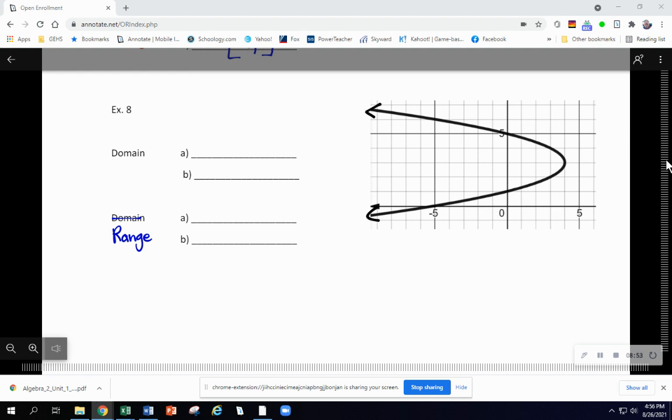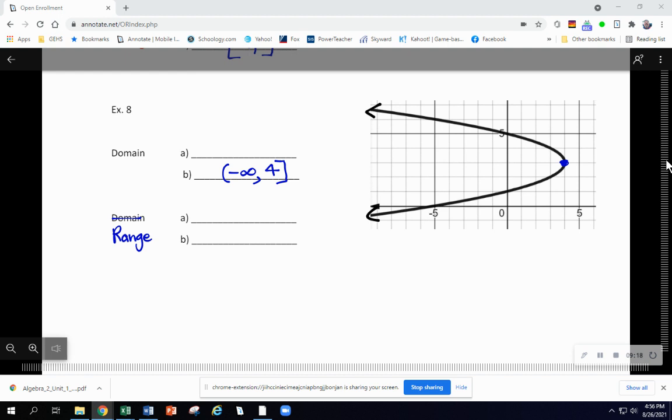So it starts at -infinity. And the furthest you can get over is 4. So it's from -infinity to 4. It includes the 4 because you actually have a point over at 4, but you can't include the -infinity.